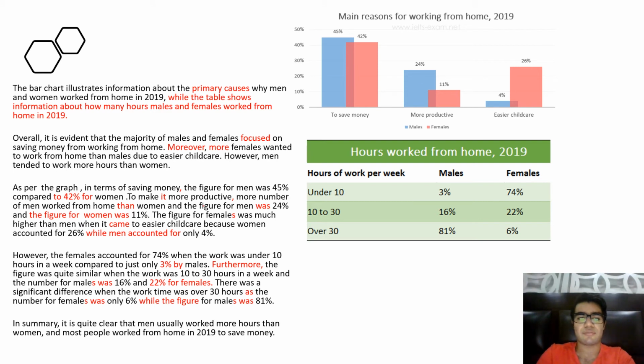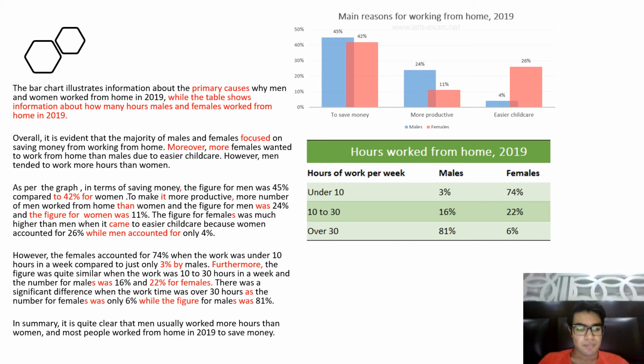Furthermore, the figure was quite similar when the work was 10 to 30 hours in a week, and the number for males, note that I'm using plural for males, was 16% and 22% for females. There was a significant difference when the work time was over 30 hours, as the number of females working was only 6%, while the figure for males was 81%.